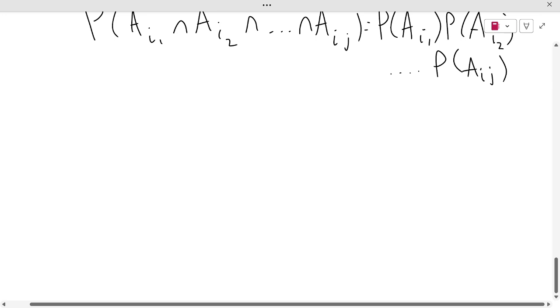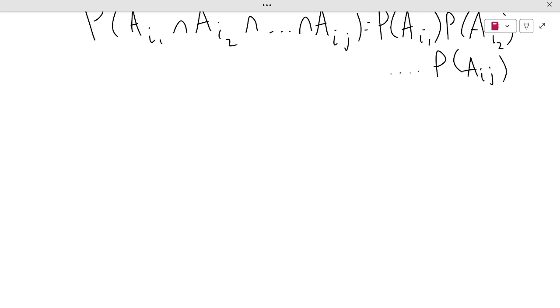And so we talked about what about just 2 events, right? So let's rewrite the definition for pairwise independence.